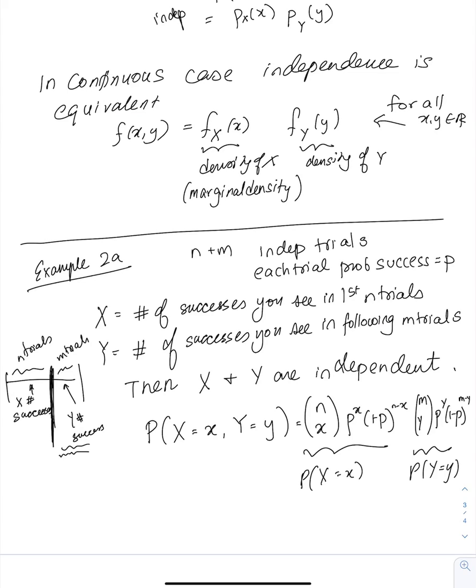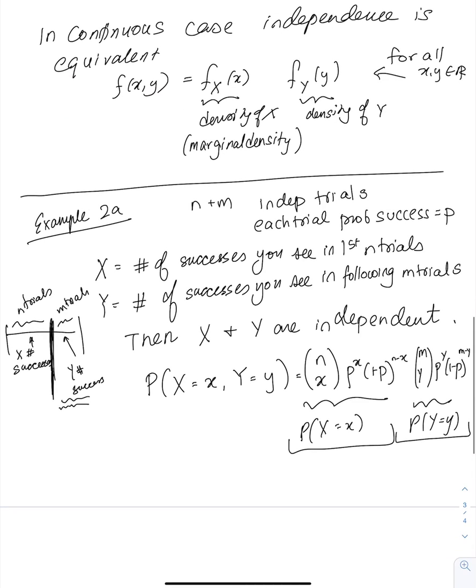All right, this is kind of a trivial example because we already know that each trial is independent of the other. Over here, we're showing that the results in the first n trials do not affect whatever happens in the following m trials.